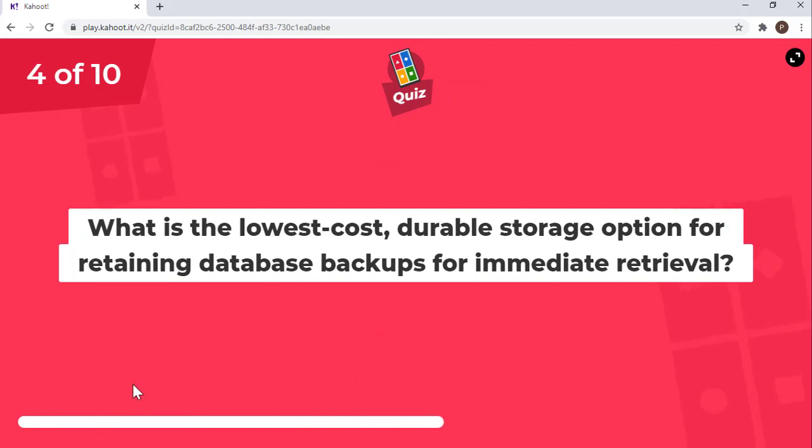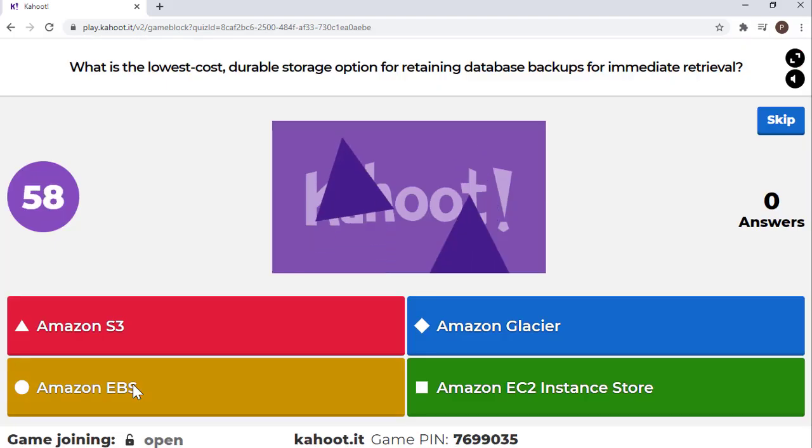What is the lowest cost durable storage option for retaining database backups for immediate retrieval?